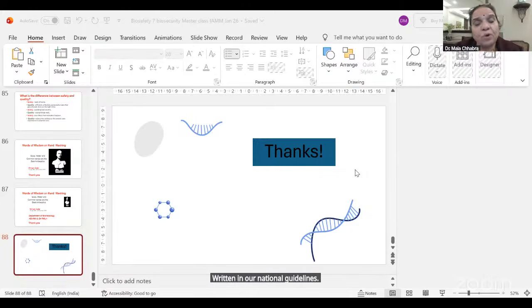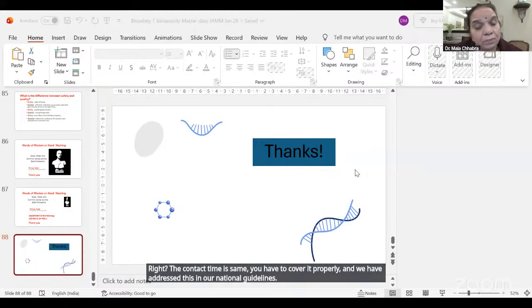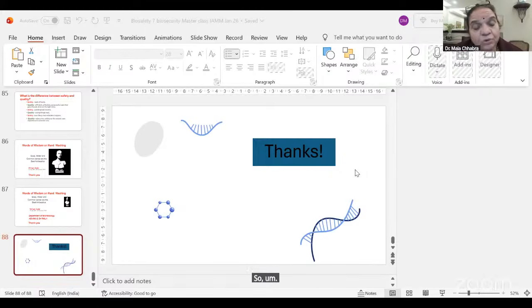Why do we say small and big spill? Just to simplify. Otherwise, the procedure is absolutely the same, right? The contact time is the same. You have to cover it properly, and we have addressed this in our national guidelines. Those are on the NCDC website. Kindly check those. It is beautifully described there.